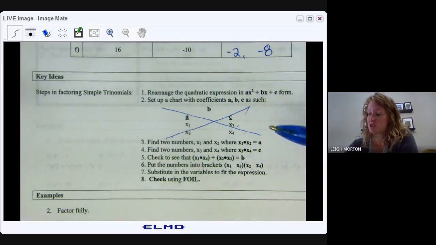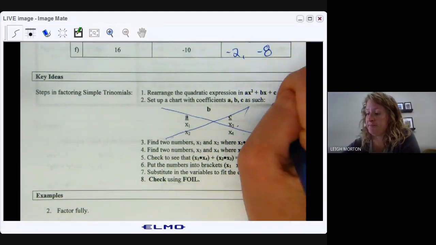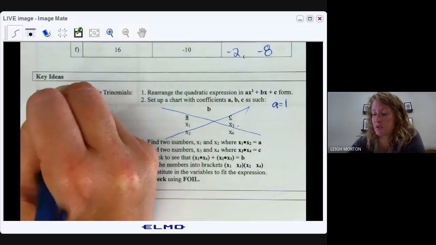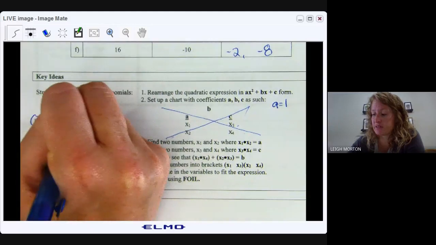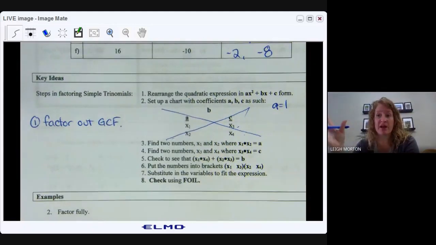All right. So if we look at our expression of ax squared plus bx plus c, we know that a is 1. Okay, our first step is always going to be factor out the greatest common factor. I may throw a curveball at you where the a value is not 1, but there is a common factor we can pull out.